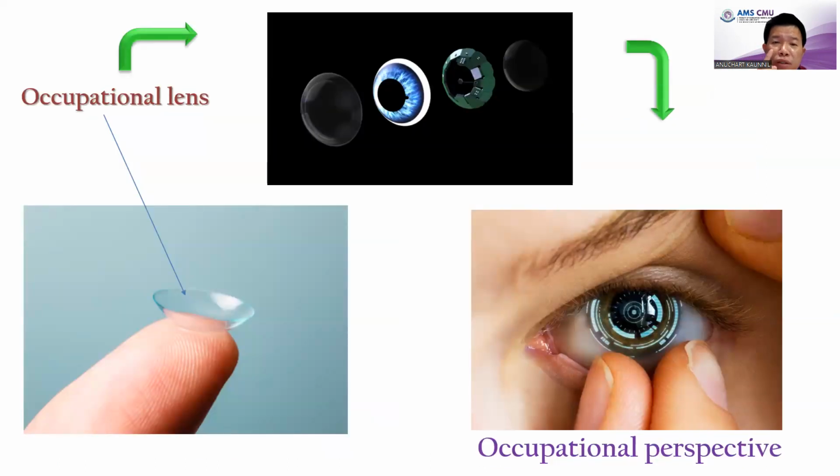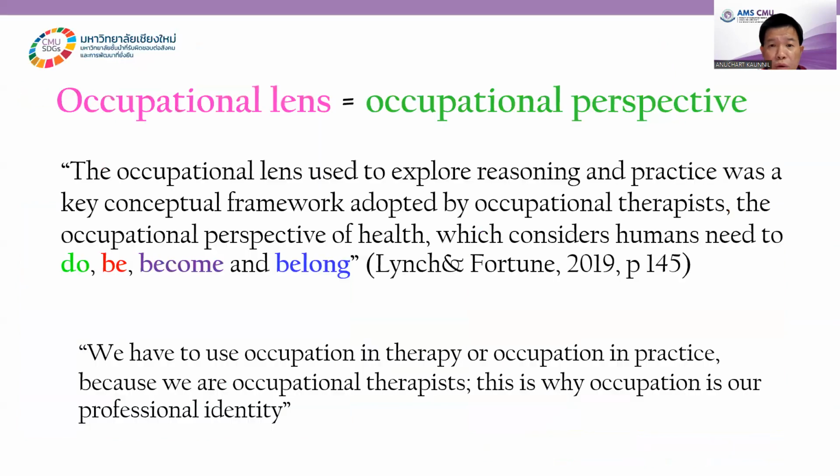The occupational lens is like putting a lens in your eye, the occupational perspective. The occupational lens lets you explore the reasoning and practice, a key concept framework adopted by occupational therapists. The occupational perspective of health considers that humans need doing, being, becoming, and belonging.